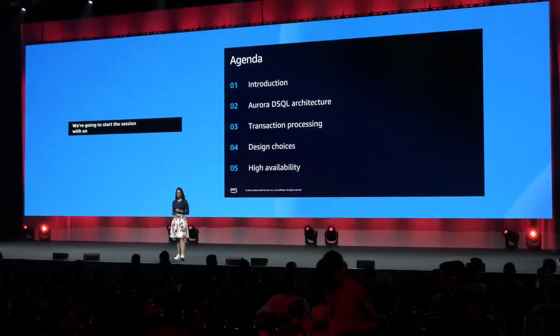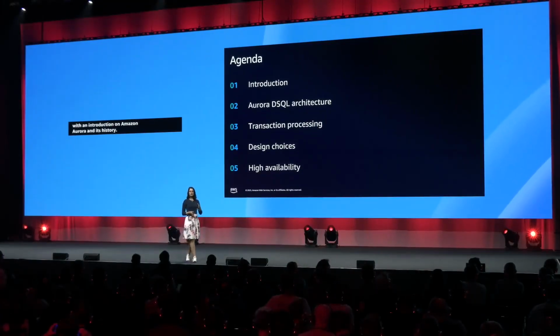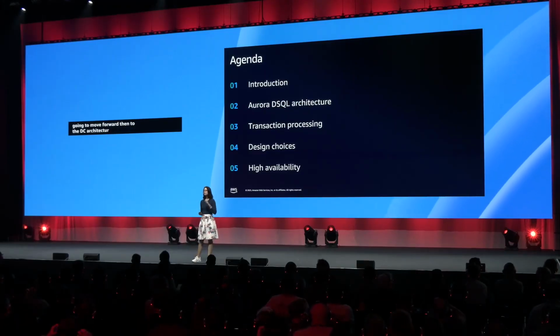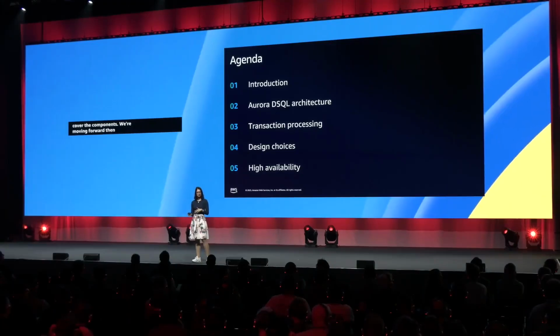We're going to start the session with an introduction on Amazon Aurora and its history. I'm going to move forward then to the DSQL architecture and also cover the components. We're moving forward then to transaction processing. How are we managing those?